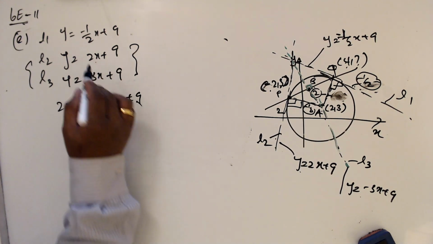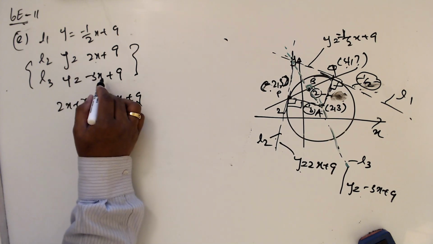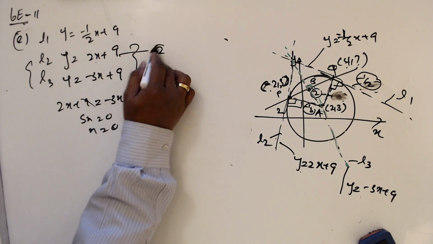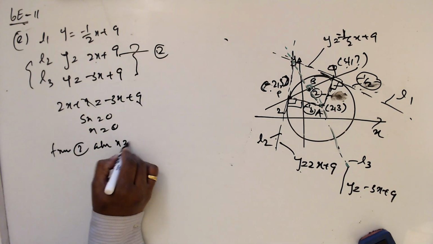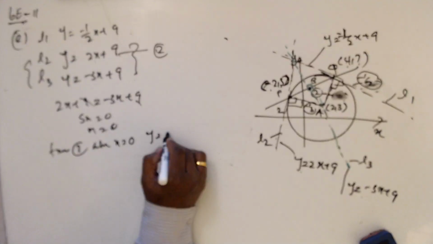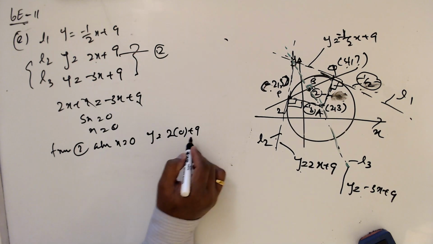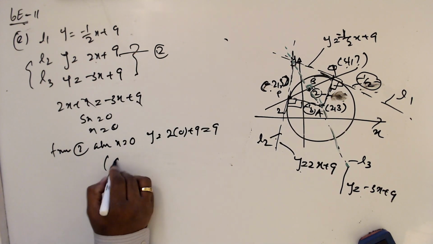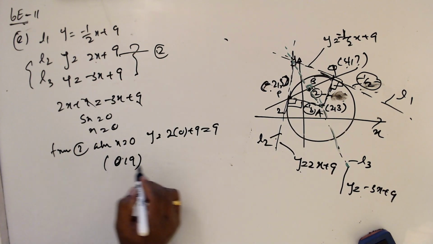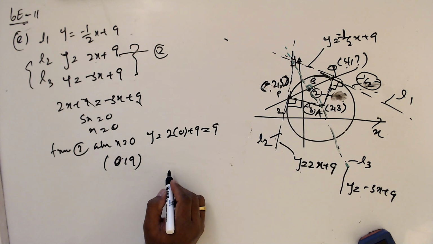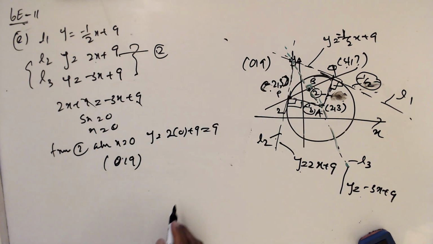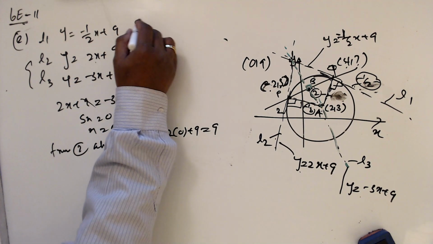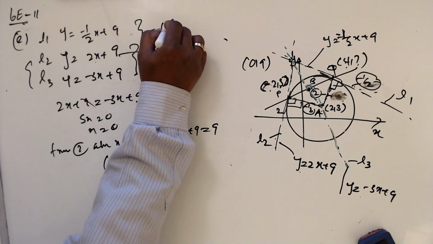When x equals 0, I'll take this one from 2: y equal 2 times 0 plus 9, which is 9. So this is going to be (0, 9).